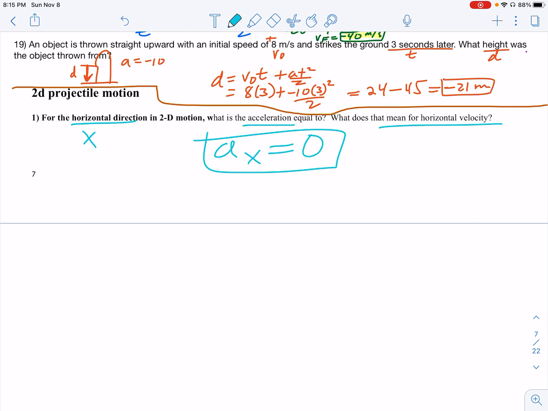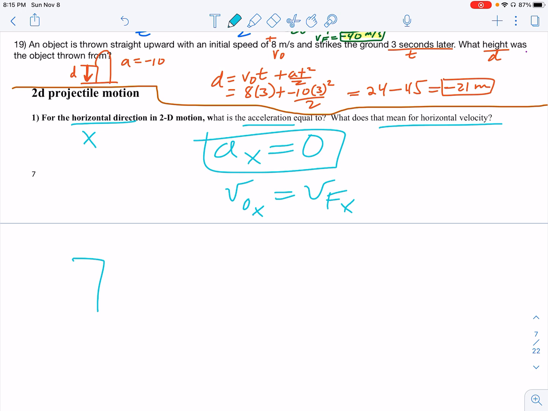What does this mean for horizontal velocity? That means VOX equals VFX, and it stays constant throughout the whole trip. The speed stays constant throughout the whole trip.